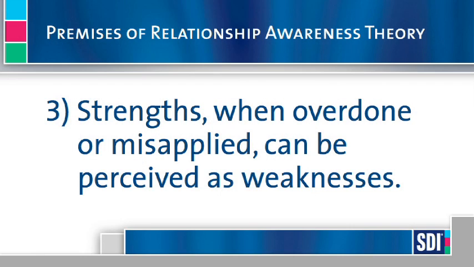Many training and development efforts focus on improving on weaknesses. Relationship awareness recognizes that a weakness can be nothing more than a strength taken to excess or misused. For example, let's say you appreciate that I'm flexible, yet there may be times that my flexibility prevents me from making a decision, and that frustrates you.